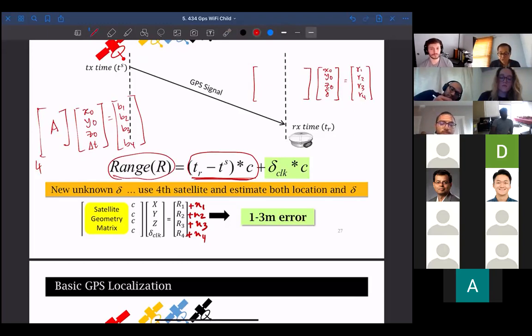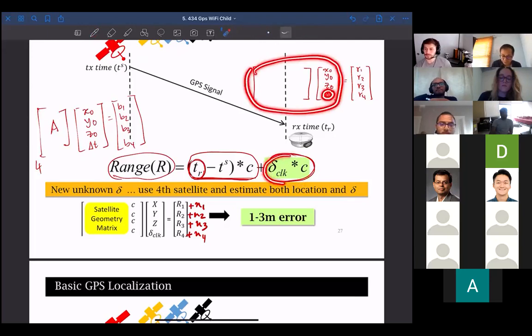Now this R1 is just your local clock minus what the satellite told you, multiplied by C. You do not know this part, so you have modeled it on the left-hand side. How do you do that?